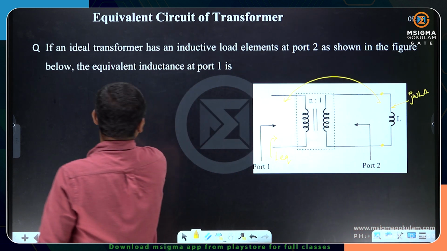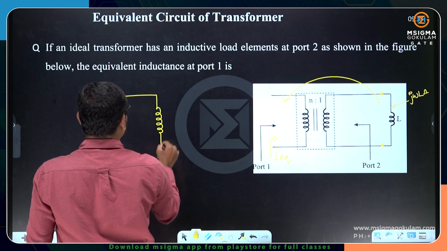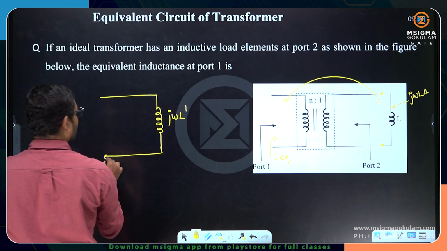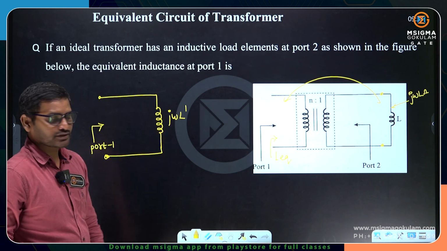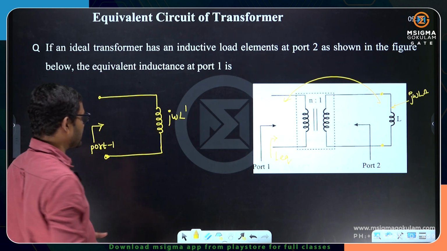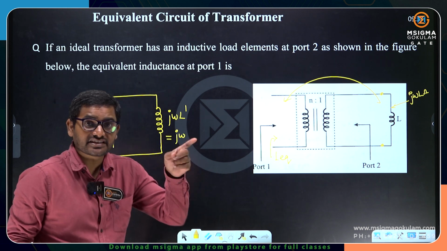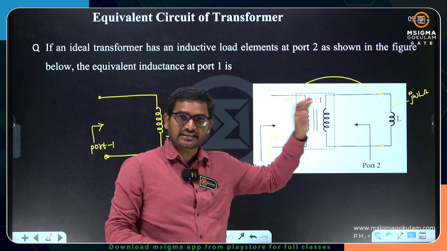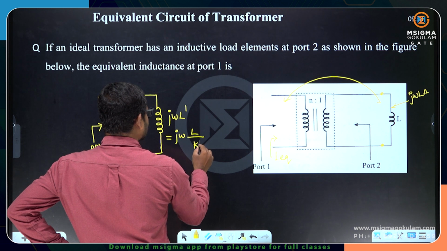If you transfer that, it will look like j omega L dash. And these are my port 1 terminals, right? So j omega L dash. What is L dash here? Frequency doesn't change. Transformer is a constant frequency device. Omega is the same on the primary side and secondary side. So L dash can be taken as L by K square.